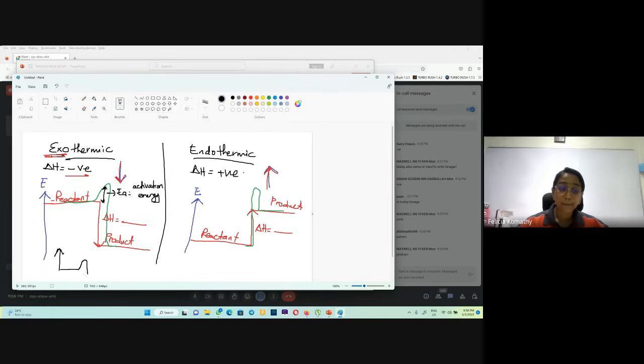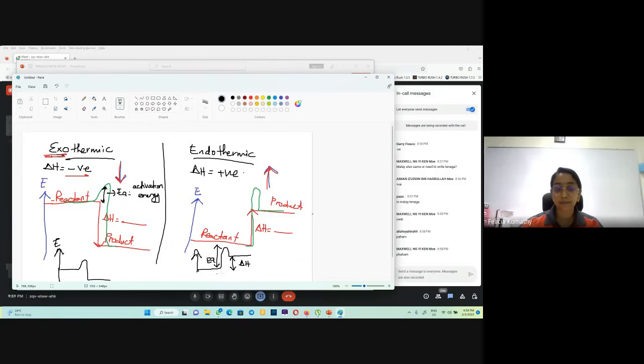Your profile diagram. And make sure you have a two-way axis. Here, the energy profile diagram goes from the bottom and up like this. This is your energy profile diagram. So your EA, this is your EA. The difference here is your delta H.